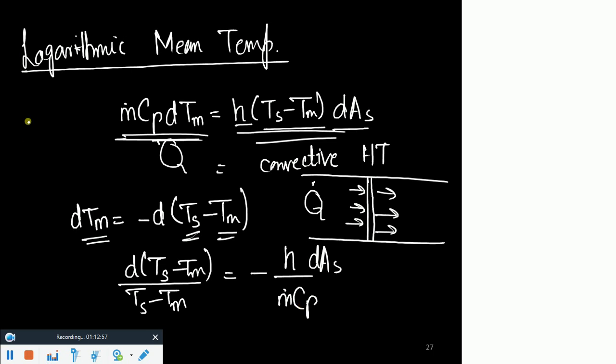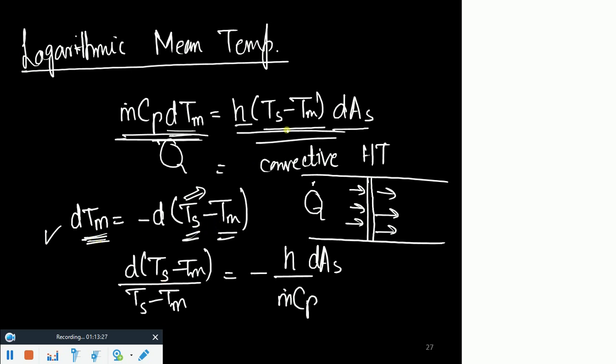This one is dTm, isn't it? Ts is a constant. We are considering constant temperature boundary condition at the surface. So there is a negative sign as well. Why? Because if you open it, this would become minus dTs plus dTm. dTs is what? 0. So simply you can write this.